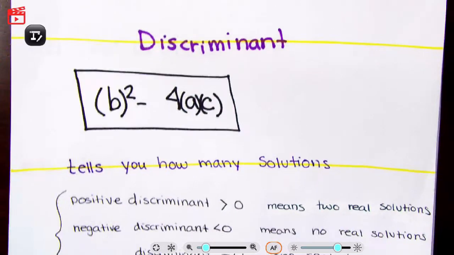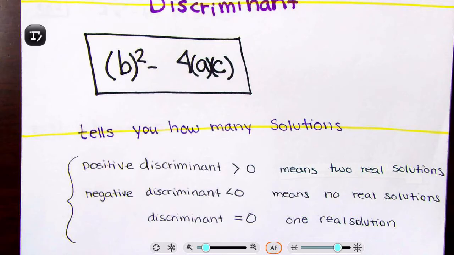So if your discriminant is positive, that means you will have two real solutions. Now, it does not tell you what they are. It just tells you how many you will have.